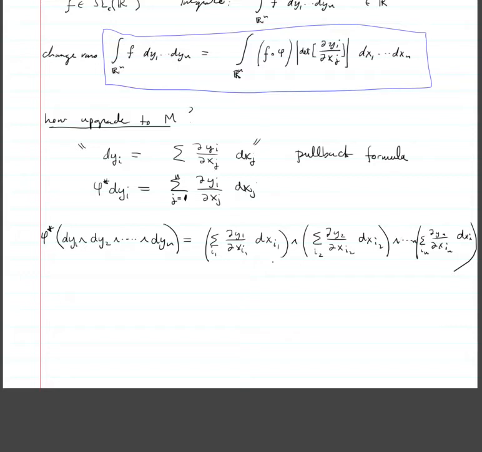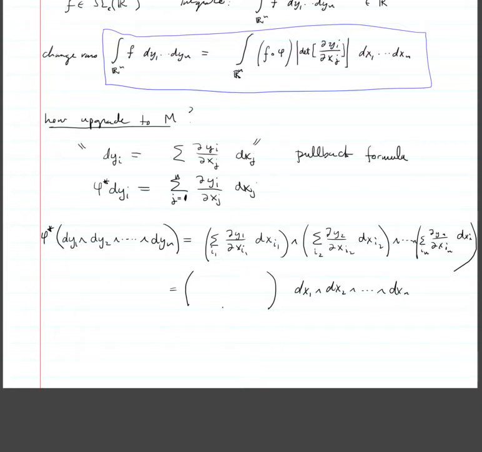But as you can see, this is a wedge product of n elements. But the top exterior power has to be a single number multiplied by the single generator, dx1 wedge dx2 and so on. There's only one generator for this nth power, because I only have n coordinates.